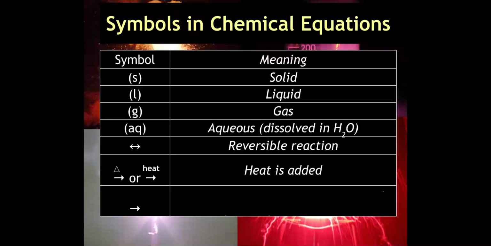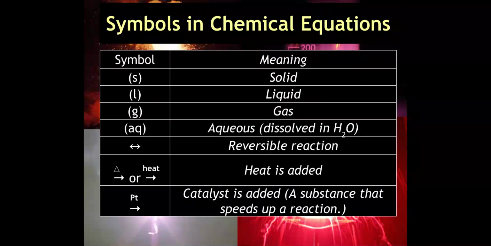If you see a little triangle over the arrow or just the word heat, that means that reaction requires heat. So it has to be heated up for that reaction to happen. And if you see a little PT over an arrow, that means that you have to add a catalyst, which is something that speeds up a reaction.